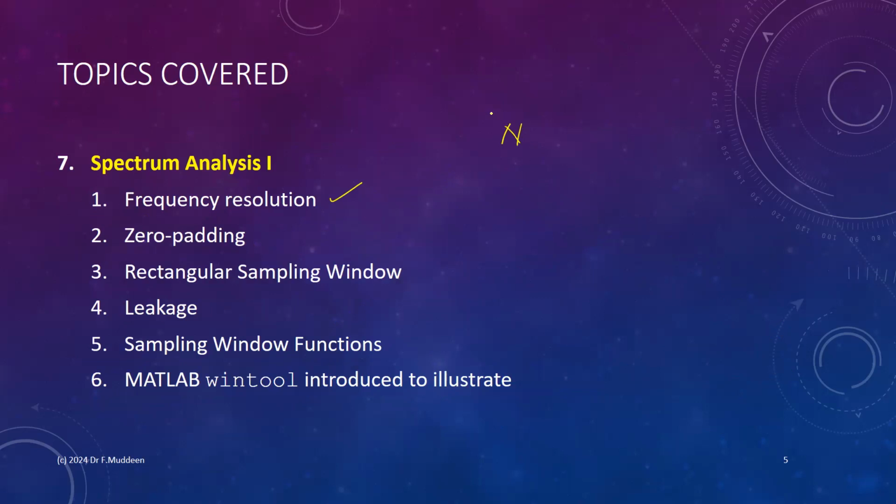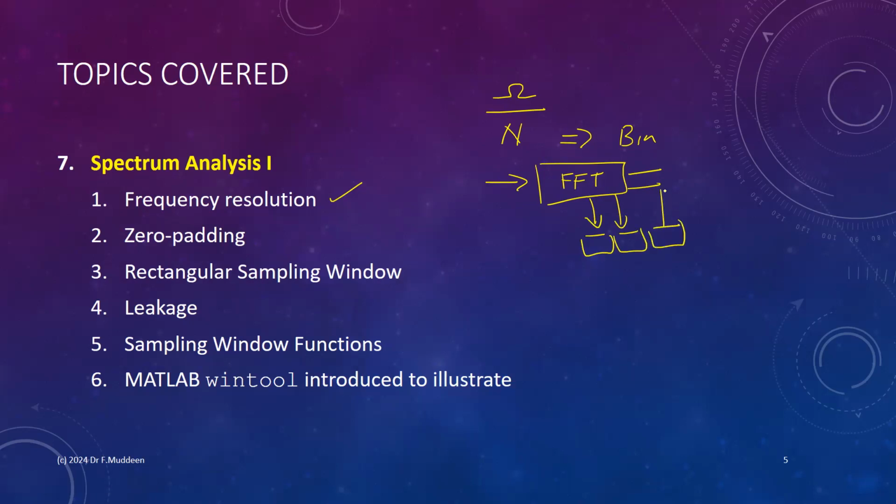So if you divide up your frequency domain into N subsets, then each of these is called the bin spacing. And when you put your signal in, and you do an FFT here, it is going to drop the values from the FFT into each of these bins, almost like dealing with buckets of water, right?